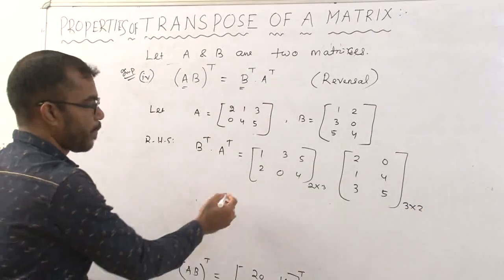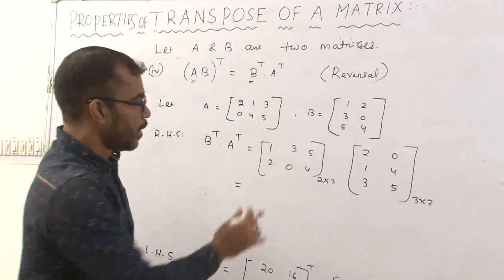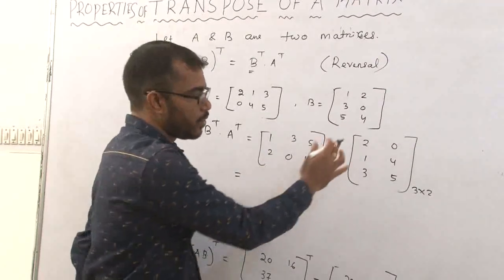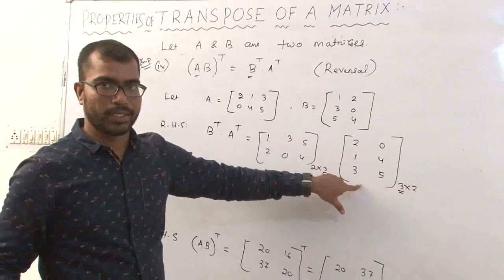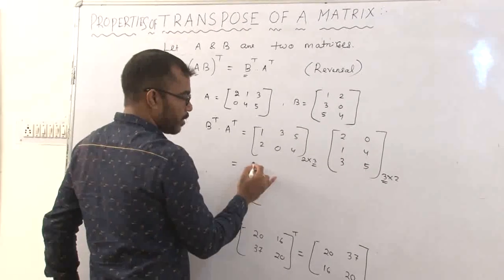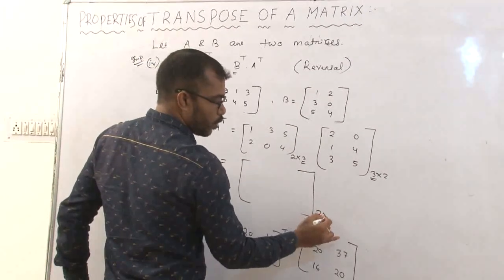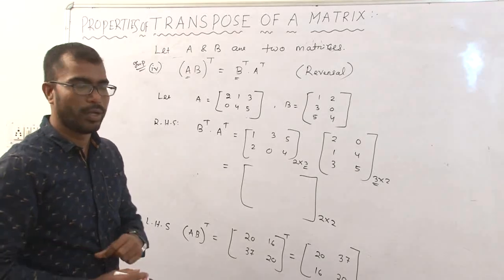First, we have to check, is it possible to multiply them? Yes, it is possible because the number of columns of the first matrix is equal to the number of rows of the second matrix. The order of the result is 2 into 2, meaning 2 rows and 2 columns.